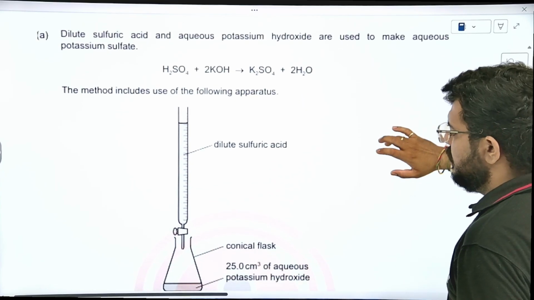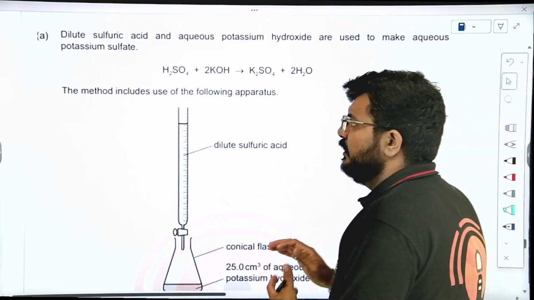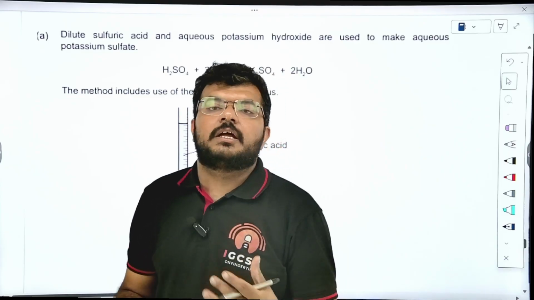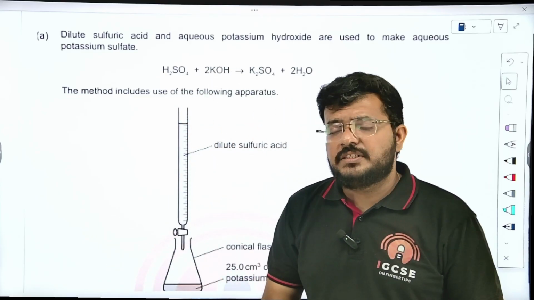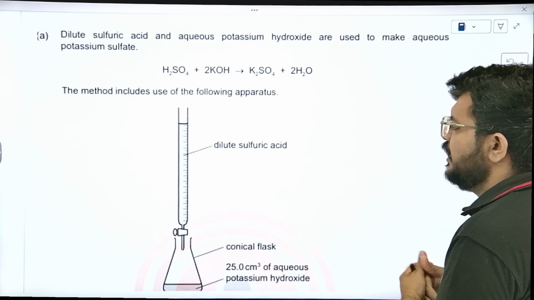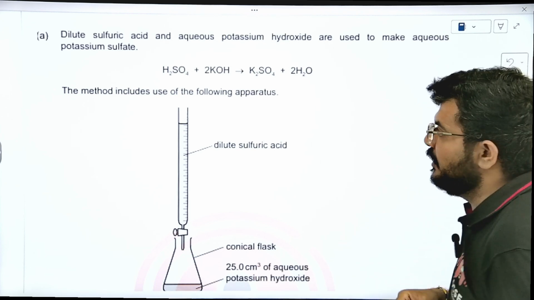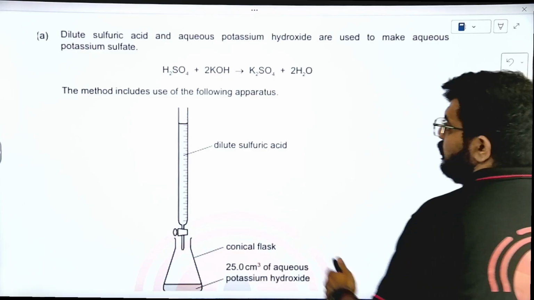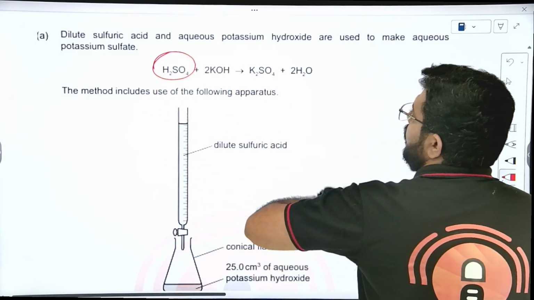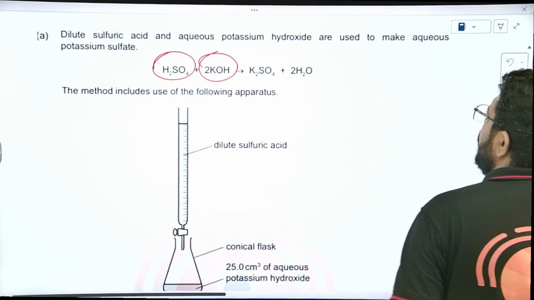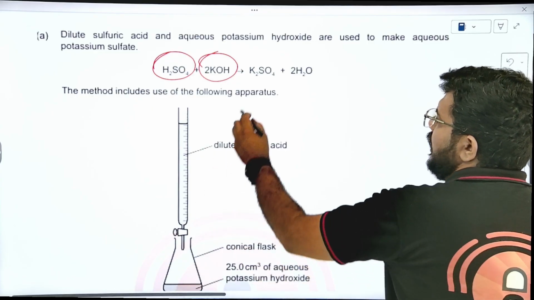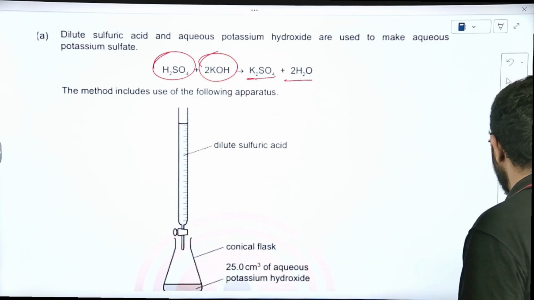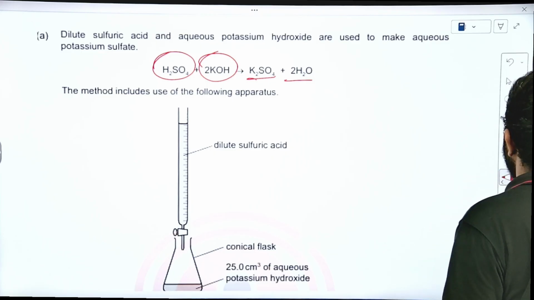Now, this is a neutralization question. Again, a repeated type of question that is generally asked. In this, we will have concentration of both the reactants and then we will calculate everything else that is required. Dilute sulfuric acid reacts with aqueous potassium hydroxide to make aqueous potassium sulfate. Of course, neutralization is taking place, so water is formed.